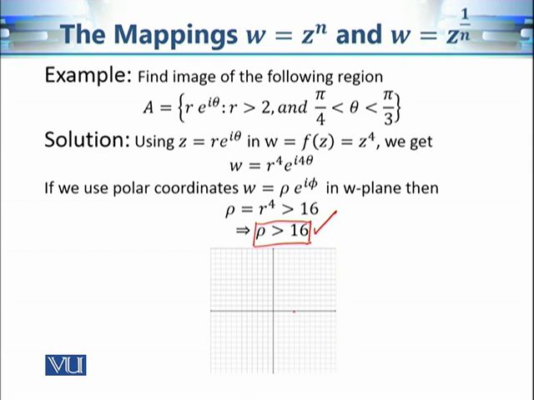If this is the circle with rho equal to 16, then our image lies outside this circle of radius 16. But what will be the value of the argument? This will decide what elements are included in the image outside this circle of radius 16.